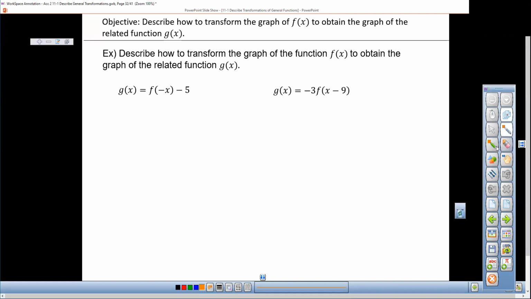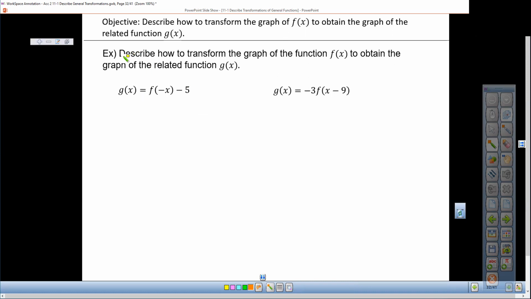So in the next set of examples here, we are putting everything together. So we're still looking at identifying reflections, stretches, compressions, and now we're adding our knowledge of translations. And translations we've worked a lot with previously. So we're just refreshing our memory here and adding that to our problems.